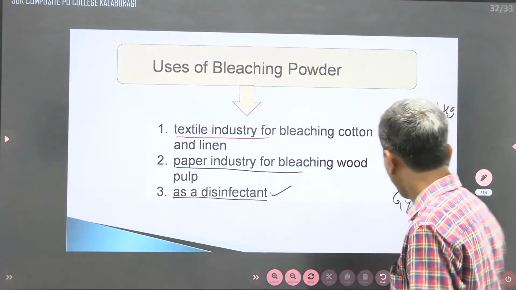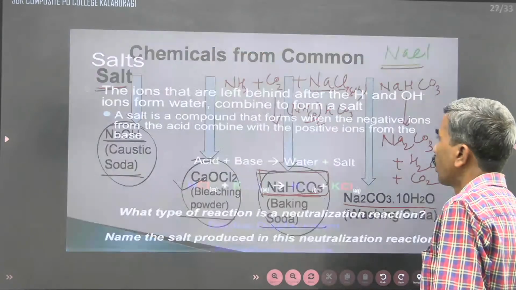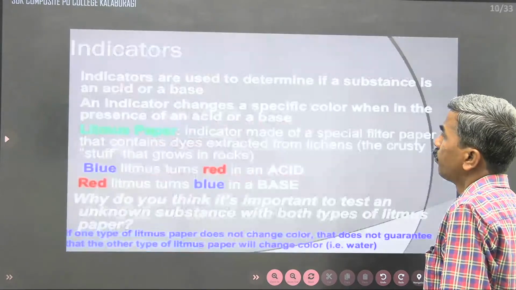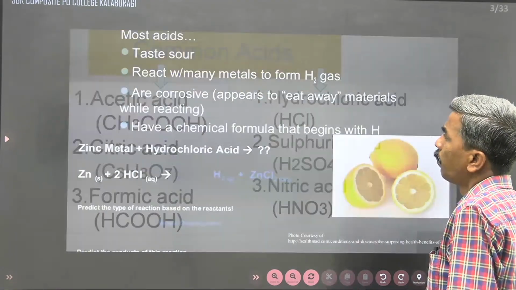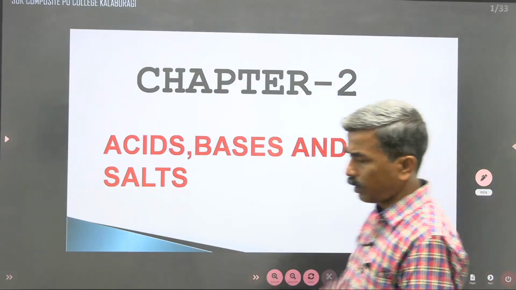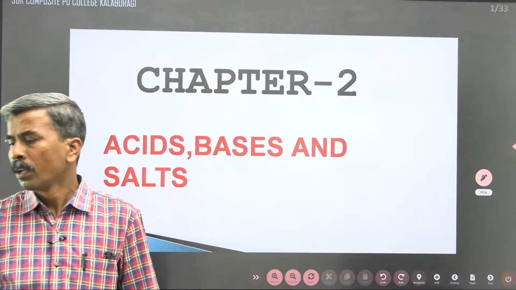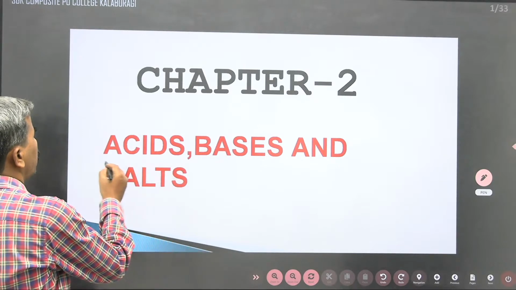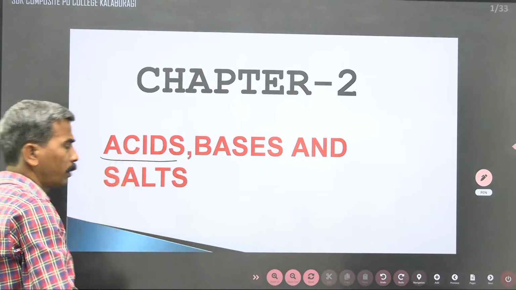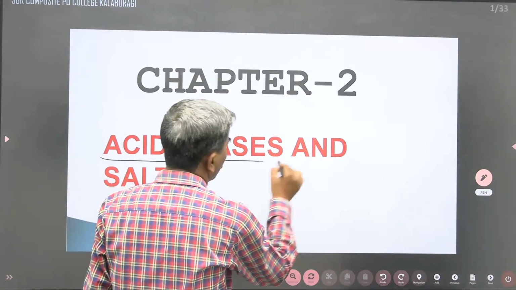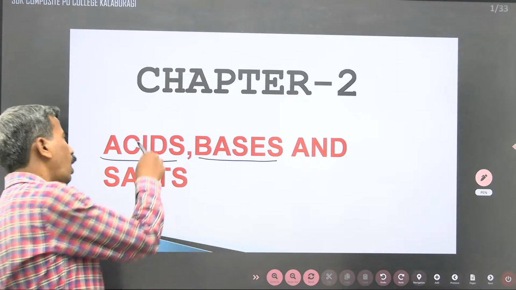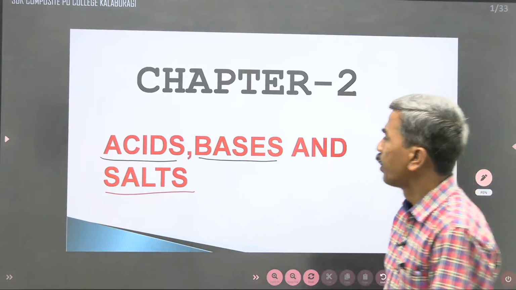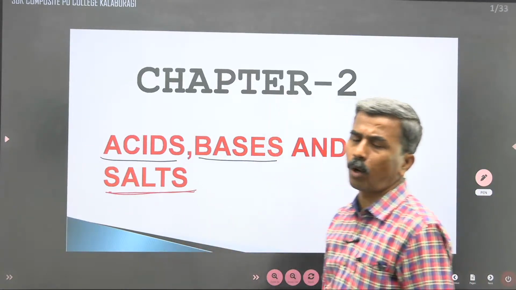So in this particular topic, under the heading acids, bases and salts, we have completed, or I have given that information: what are acids, then some chemical reactions, in a similar way for bases, then how salts result from the reaction between acids and bases, and lastly one common salt, sodium chloride.